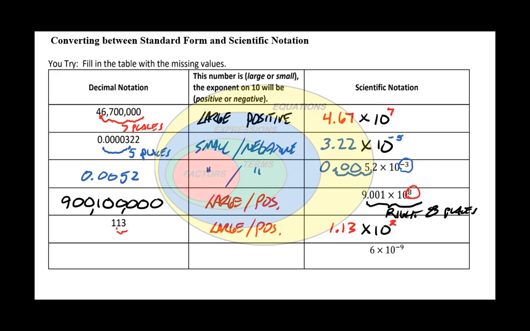In our last problem, we see that this is a negative exponent. So this is going to be a very small number. So we start with 6 point, and we want to move the decimal place to the left.